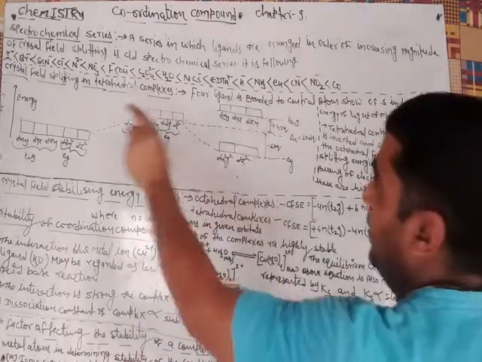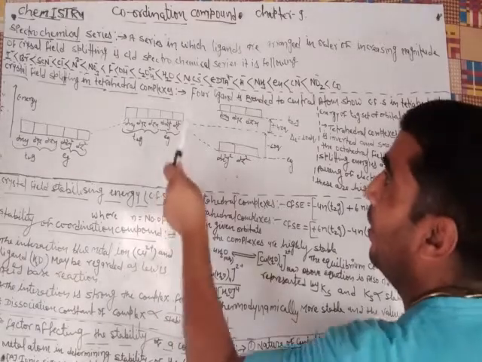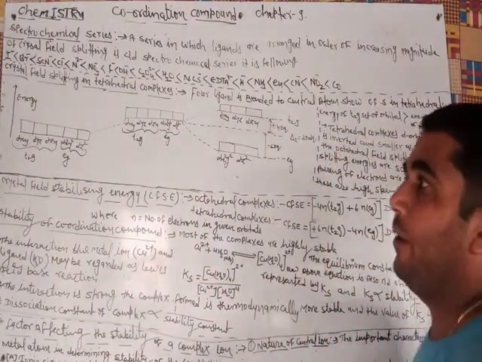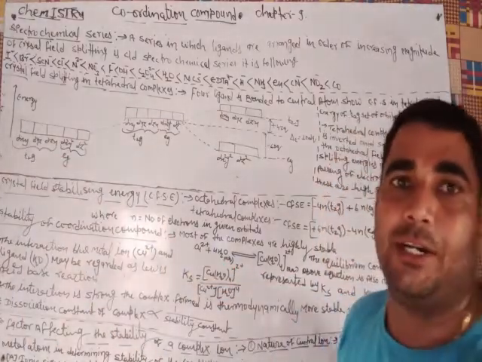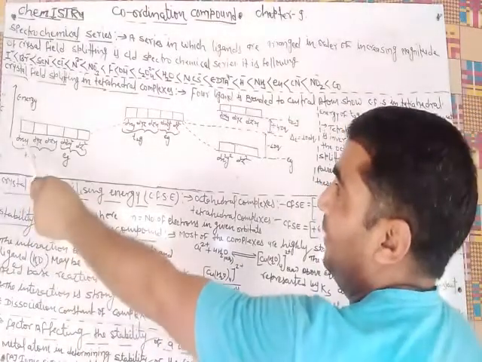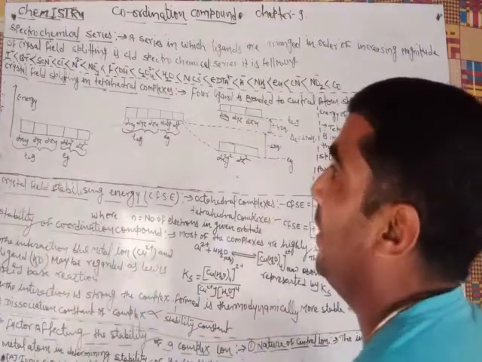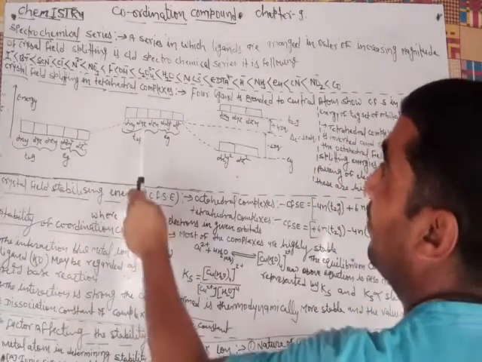This is the energy diagram and splitting diagram of tetrahedral complexes. We know d has 5 orbitals represented by dxy, dyz, dzx, dx square y square, and dz square. dxy, dyz, and dzx are represented by T2g, and dx square y square, dz square are represented by Eg.